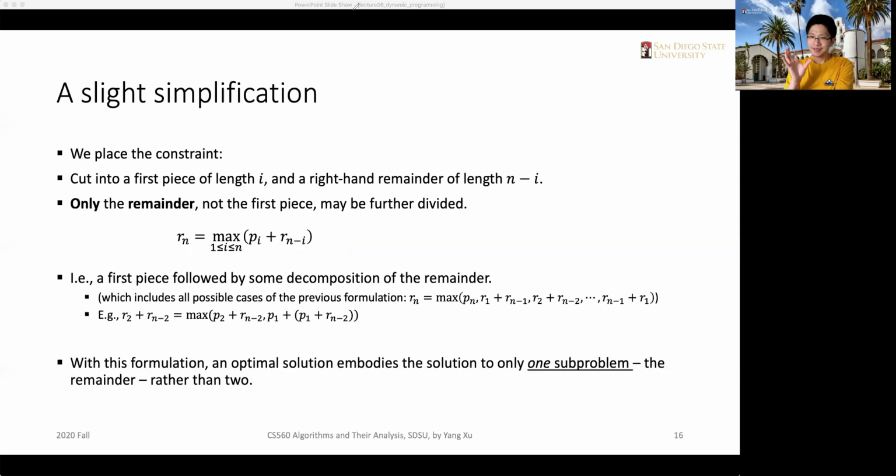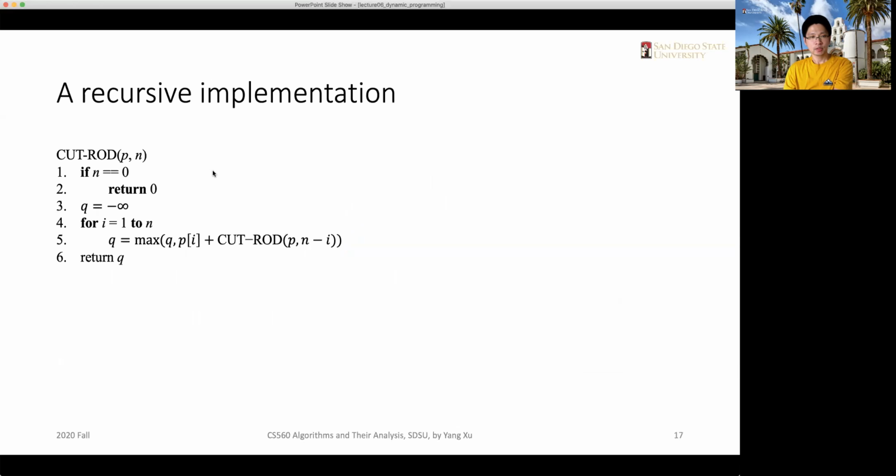It's like making the recurrence equation have one subproblem instead of two subproblems. So we can directly implement a recursive implementation indicated by this cut rod problem, right?